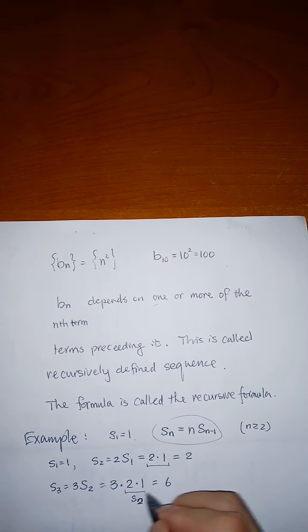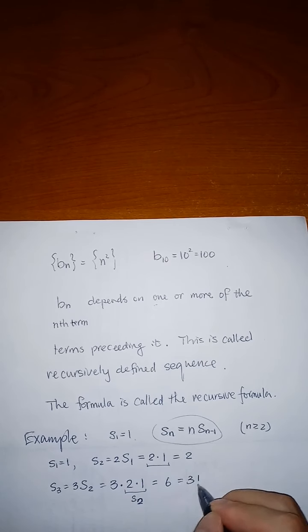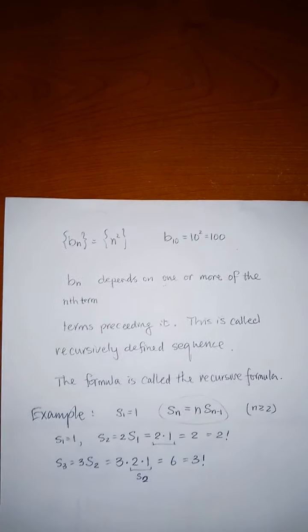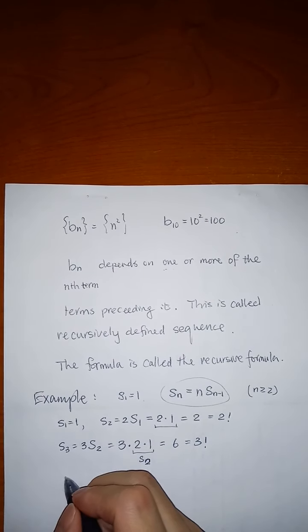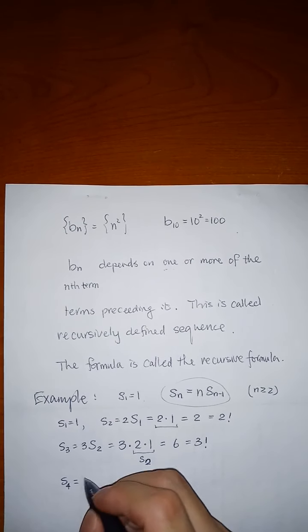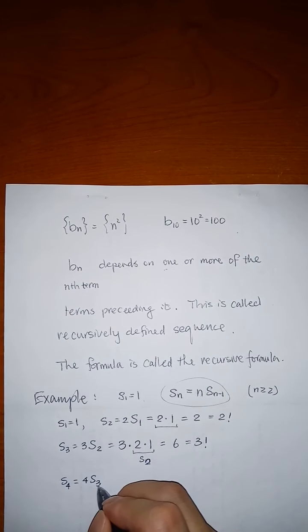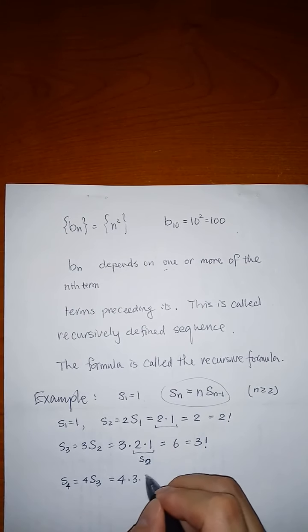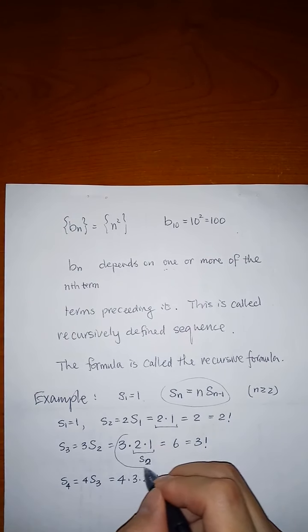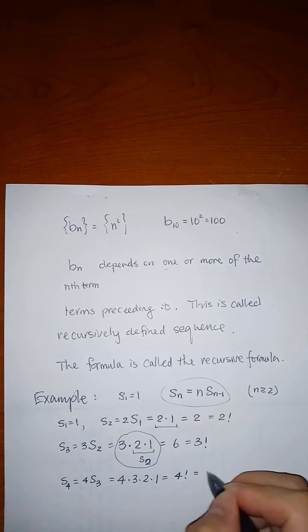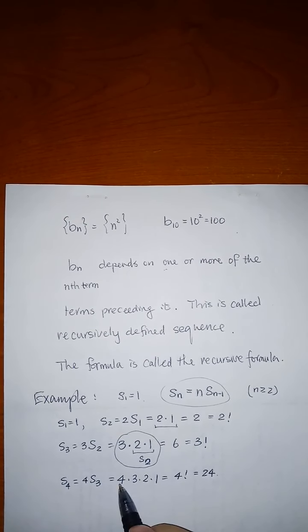And if you observe, you see it is 3 factorial. And 2 times 1 is 2 factorial. You can continue this evaluation. S4, we already did 2 examples. S4 is 4 times S3, since 4 minus 1 is 3. S3 is 3 times 2 times 1, so 4 times 3 times 2 times 1. This is exactly 4 factorial, 24. 4 times 6 is 24.